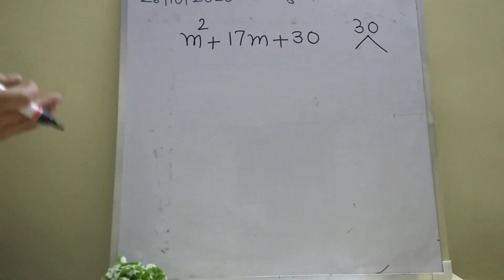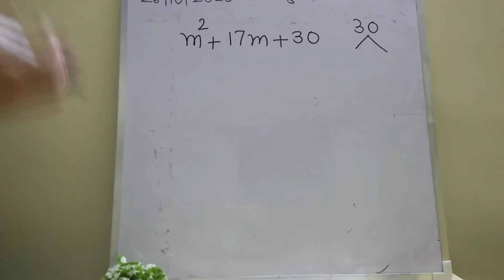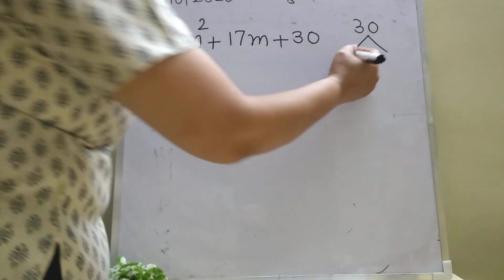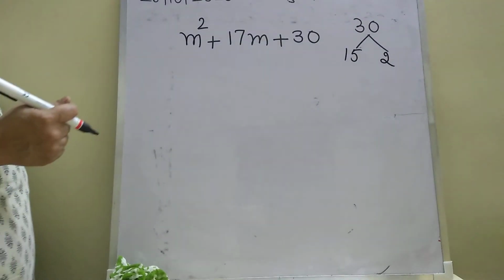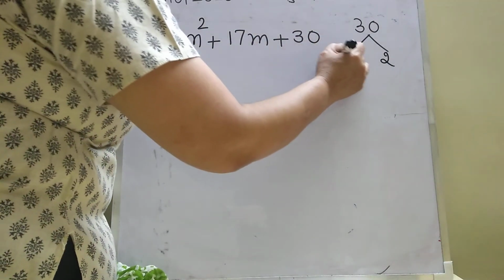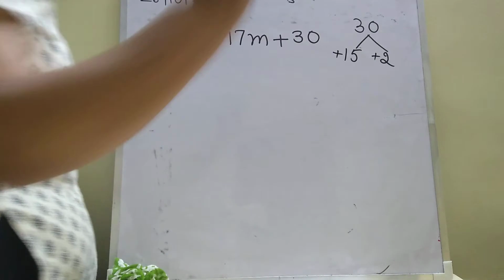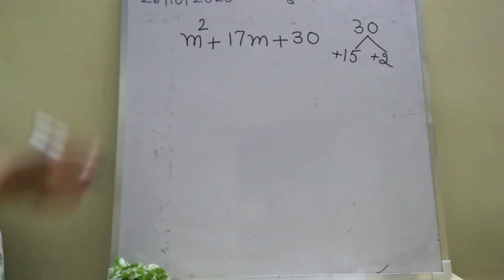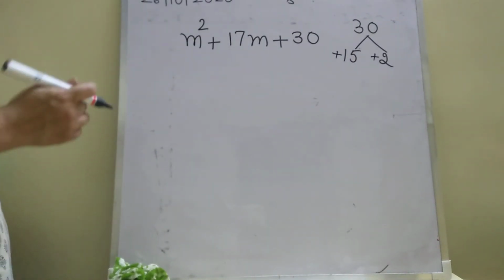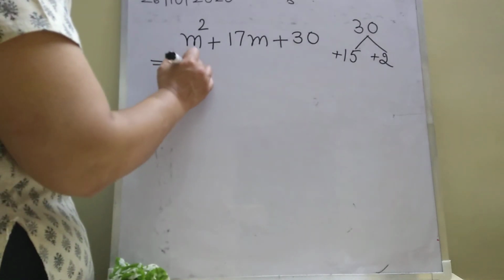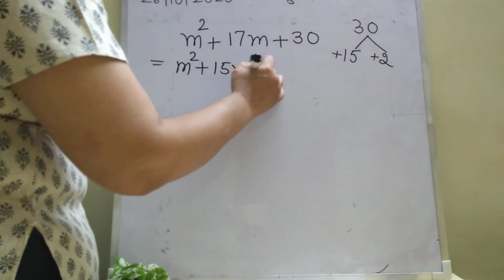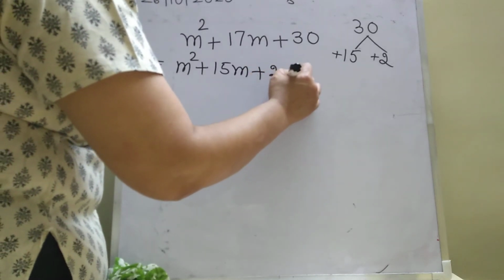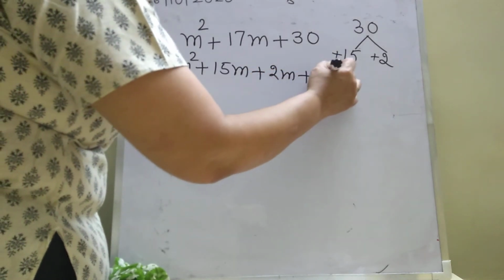6 fives are 30, 1 thirty is 30, 10 threes are 30, 15 twos are 30. So I am writing directly 15 twos are 30. What are the signs? Both signs will be plus. Make a habit of writing factors like this every time with the sign properly. Now let us write it as m square plus 15m plus 2m plus 30.